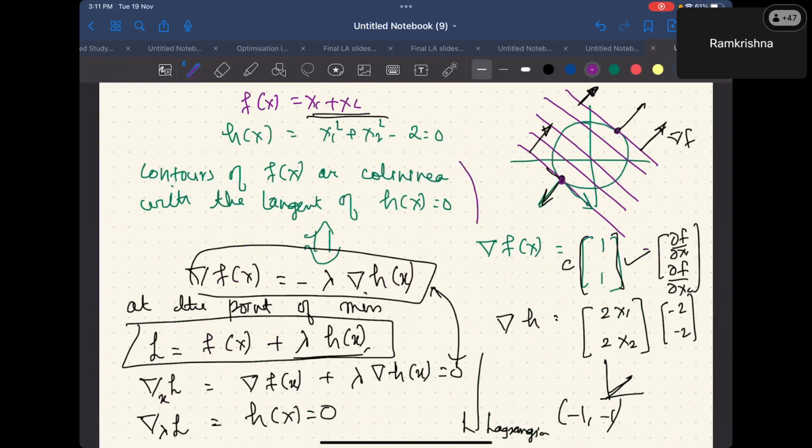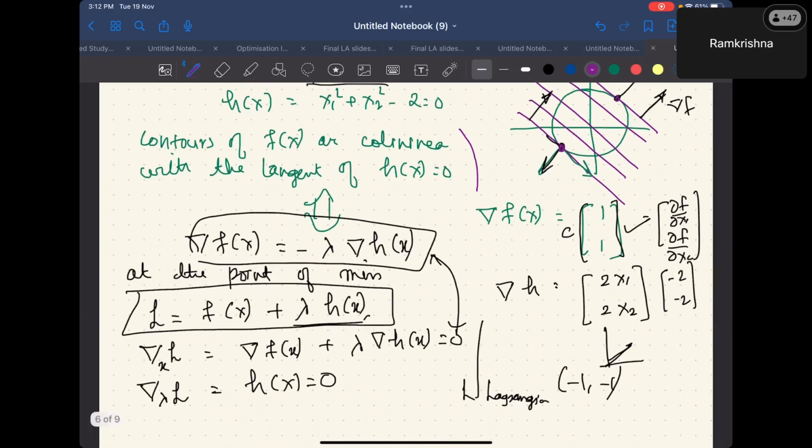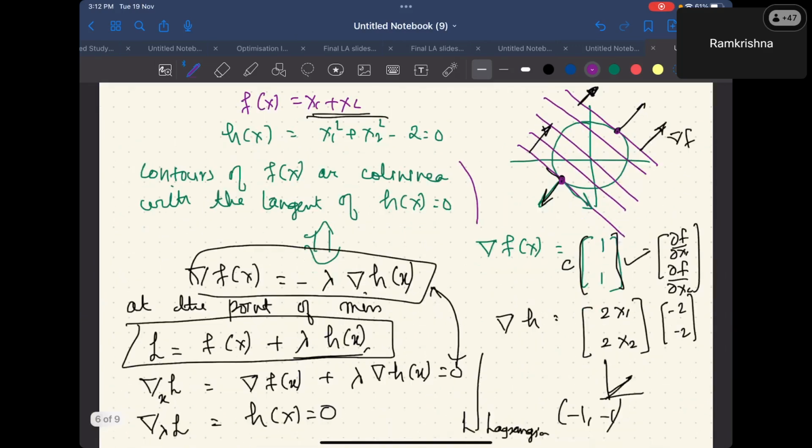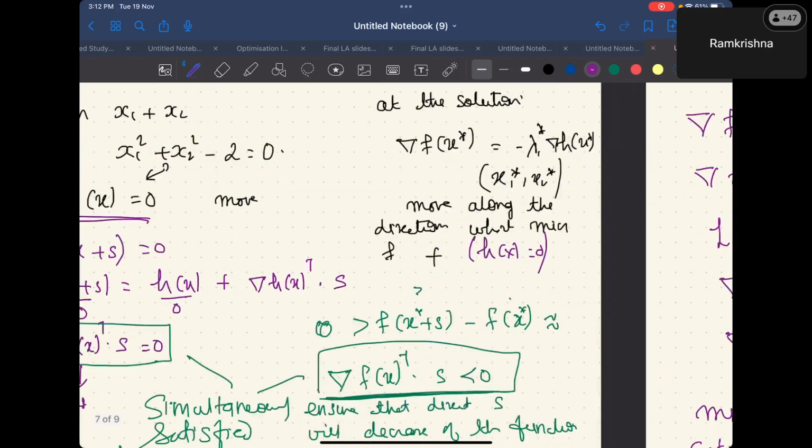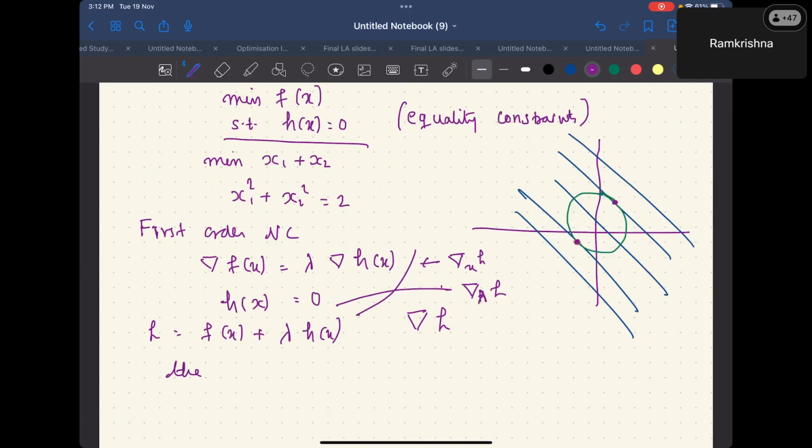So the geometry of this was that at the point of minimum, the contours of f of x are collinear with the tangent of the h of x, so you could see somewhere here. Or in other words, the gradient of f and the gradient of h are collinear with each other. That's the geometry of this, and the calculus of that is pretty neat. So this is where we were last time.